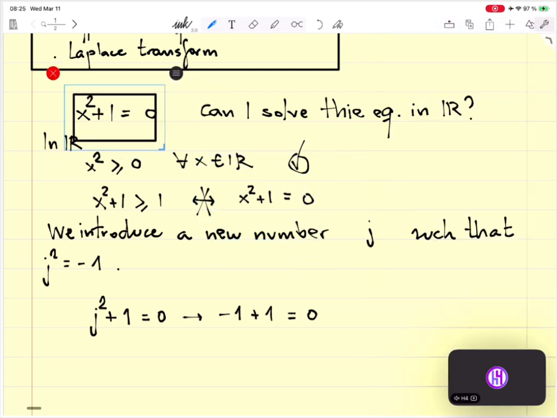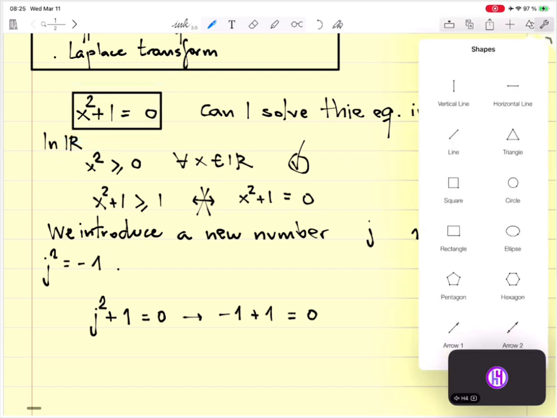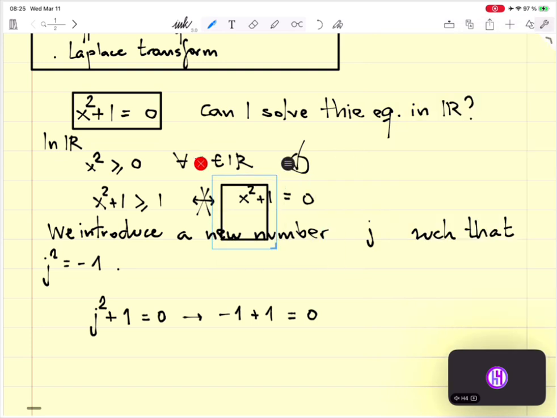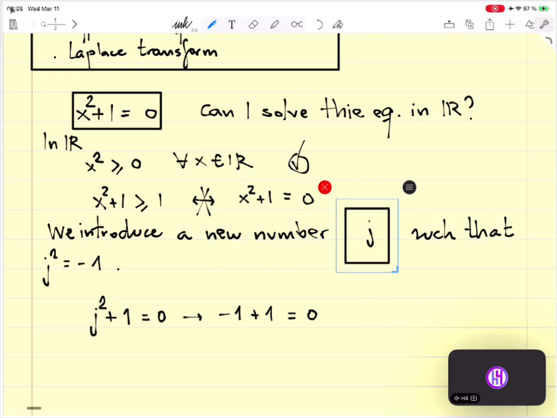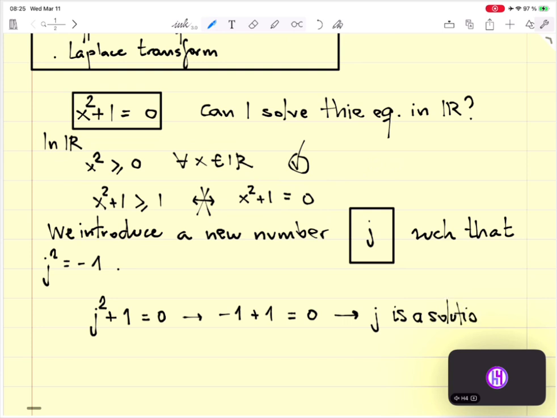So what is the geometric meaning of j, of this new number that we are looking at? This means j is a solution to x squared plus 1 equals 0.